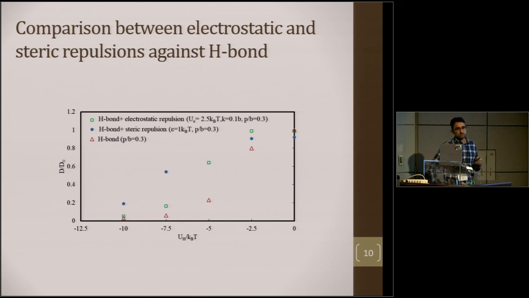This stems from the used potentials, the used parameters, and the fact that this Lennard-Jones potential is highly nonlinear, and when we have a strong H-bond, it can bring more particles to the range of the Lennard-Jones potential. But this electrostatic repulsion has a longer range and can affect particles even when they are at the center of the unit cell.